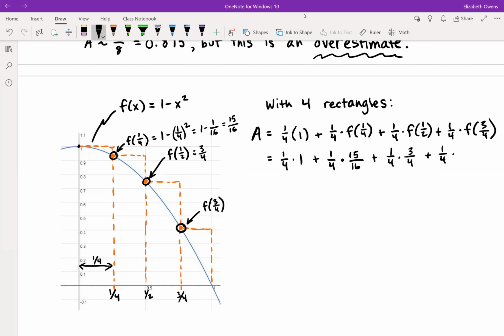And then 1/4 times f of 3/4, which is going to be 1 minus 3/4 squared. That would be 1 minus 9/16, and that would be 7/16. Trying to save myself some space there.